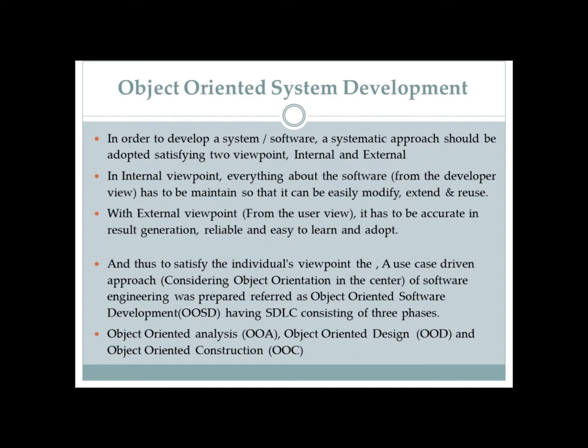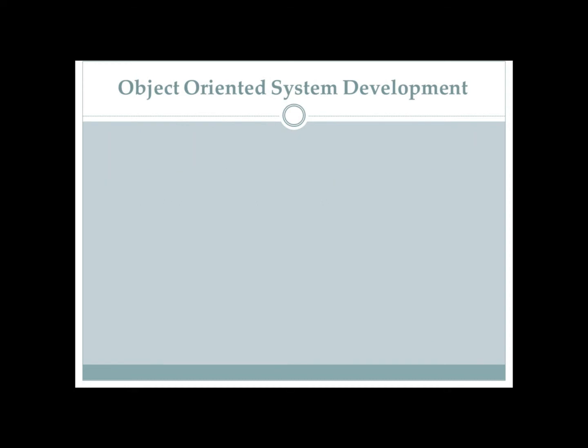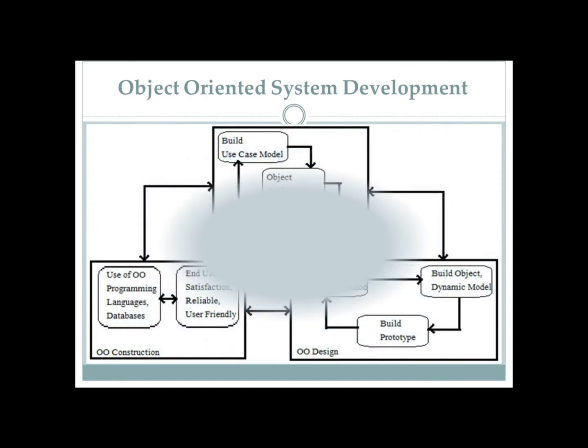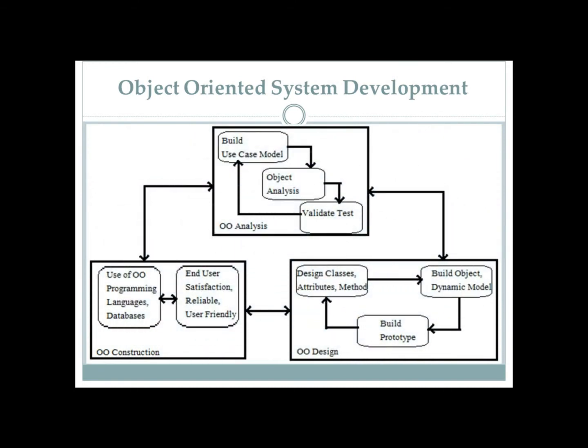So from now onwards, with respect to Object Oriented System Development, we are going to use these three phases as a part of Object Oriented Software Development. Here you can see three main rectangles consisting of some rectangles in which various phases, or we will say various processes, are mentioned.